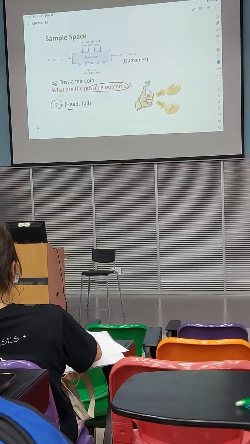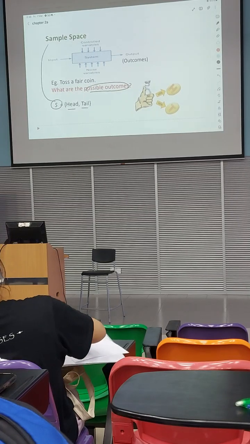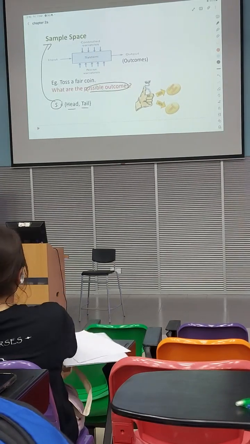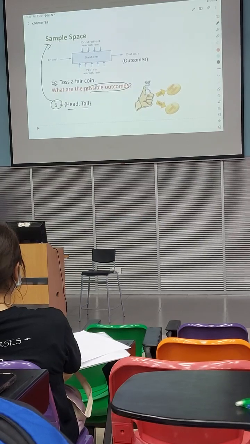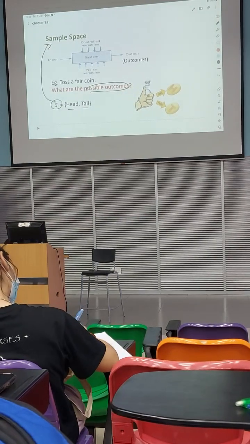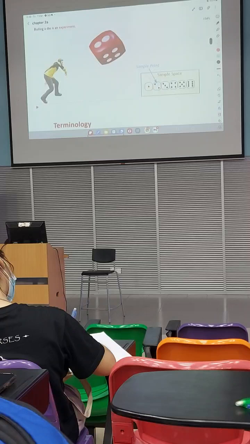The only possible outcomes are head and tail only. Hence, this is called the sample space. Understand? All possible outcomes, that is called the sample space.